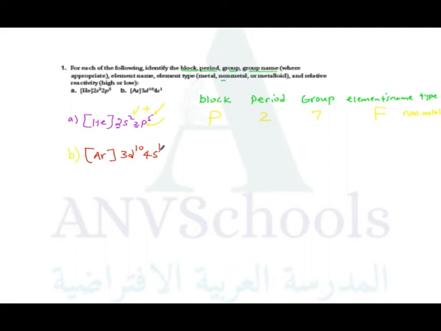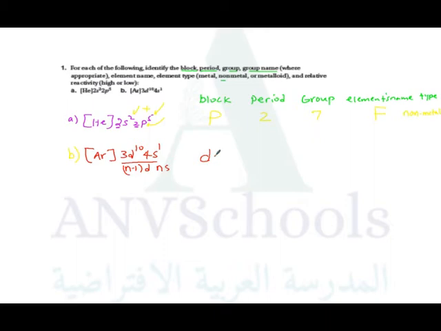Don't forget this relation: does this configuration obey (n minus 1)d and ns? Let's check. Where n is the outer shell 4, 4 minus 1 is 3. So this is d block, a transition metal. So the block is d.